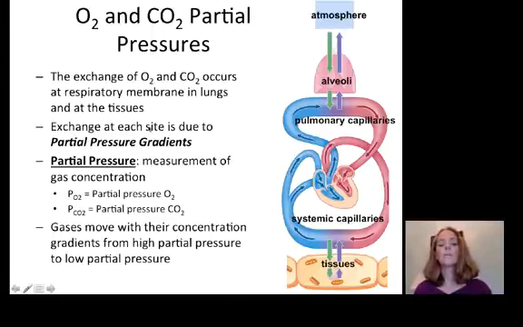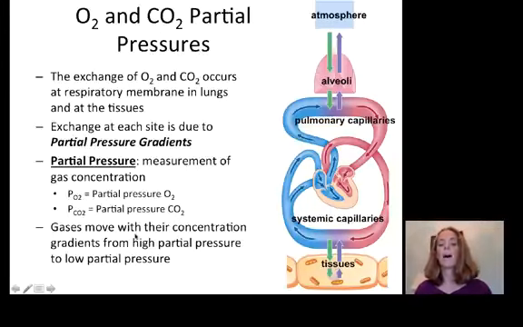So we're going to use partial pressure and partial pressure gradients to look at the movement of oxygen and carbon dioxide. The principles here are exactly the same as using a chemical or concentration gradient if I were to just give you osmolarity values like we did in the diffusion portion of this class. So gases will move with their concentration gradients just like other molecules move with concentration gradients.